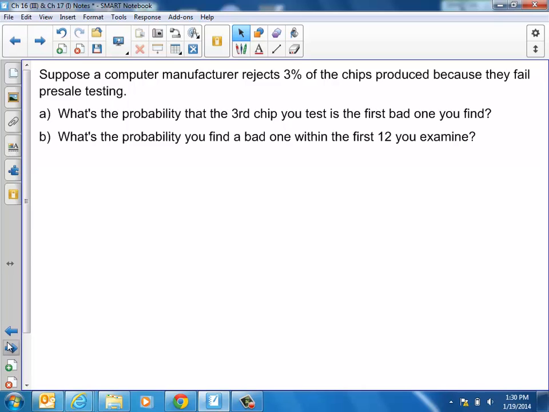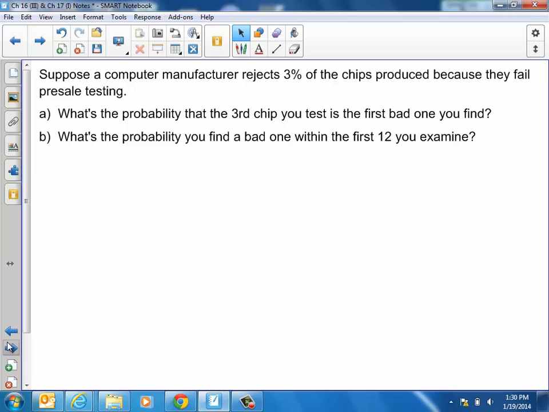We can either have a chip that fails its pre-sale testing, or we could have a chip that does not fail its pre-sale testing. Only one of those 2 outcomes can occur. And to use the geometric model, which you're going to see on this slide, you've got to know that your trials, your random events, can occur one of 2 ways, not more, not less. Obviously not less. A random trial with only 1 outcome isn't random.